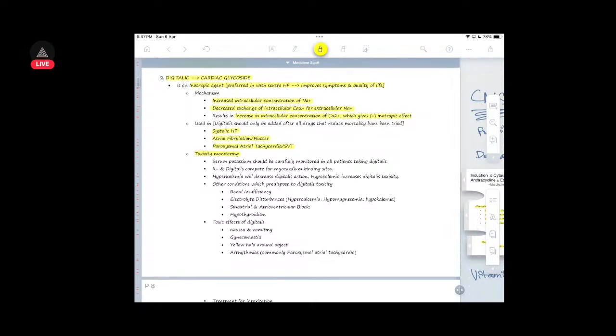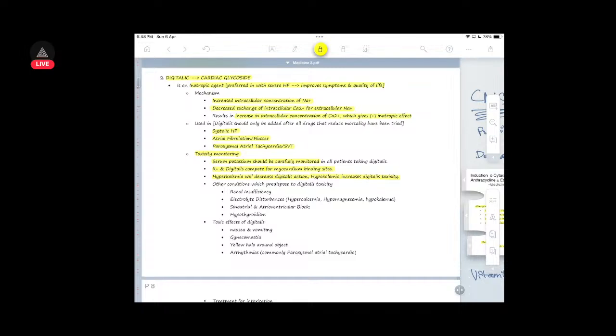So toxicity monitoring you have to do. Serum potassium should be carefully monitored. K plus and digitalis compete for myocardium binding sites. Hyperkalemia will decrease digitalis action. Hypokalemia increases digitalis toxicity.